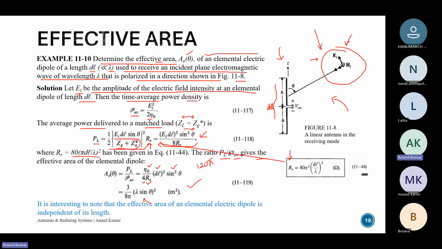It is interesting to note that the effective area of the elemental dipole is independent of its length. If you notice, we do not have the dl term; we only have the lambda term. So the effective area depends upon the frequency or the wavelength that we are trying to receive, and it's independent of its length.